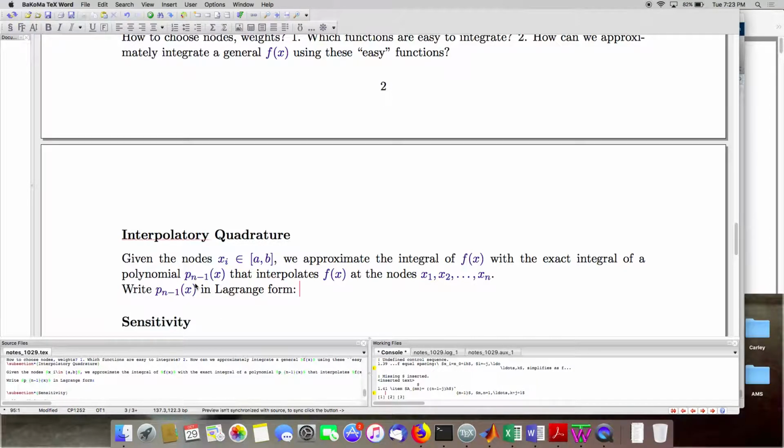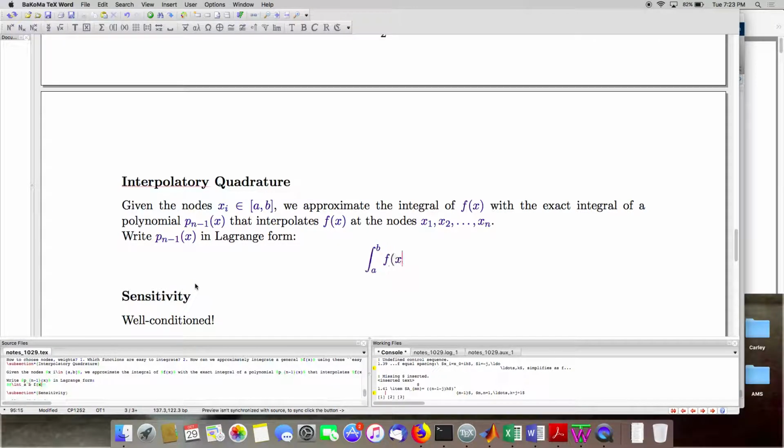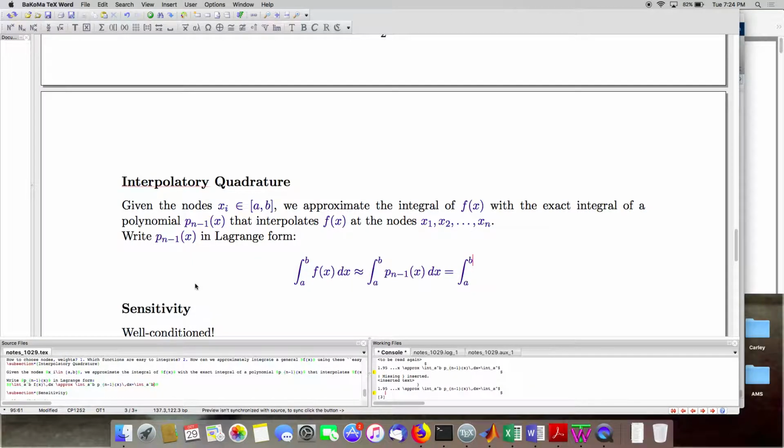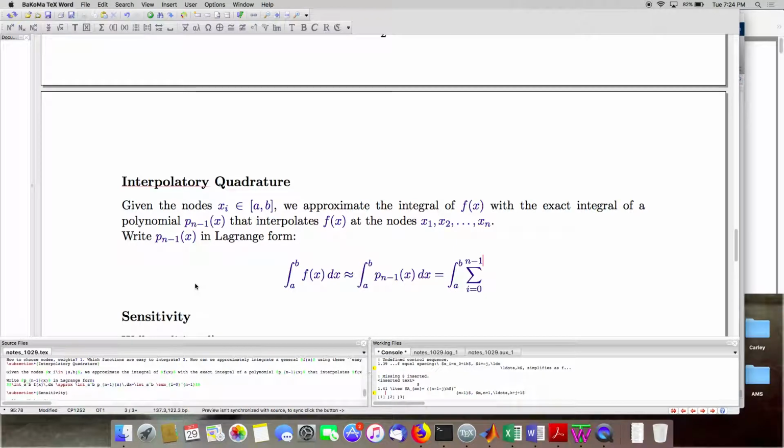So the integral of f is approximated by the integral of this interpolating polynomial, but that equals, if I write this in Lagrange form, a sum of n terms, and because we're interpolating f at these points, these are the coefficients of Lagrange polynomials.